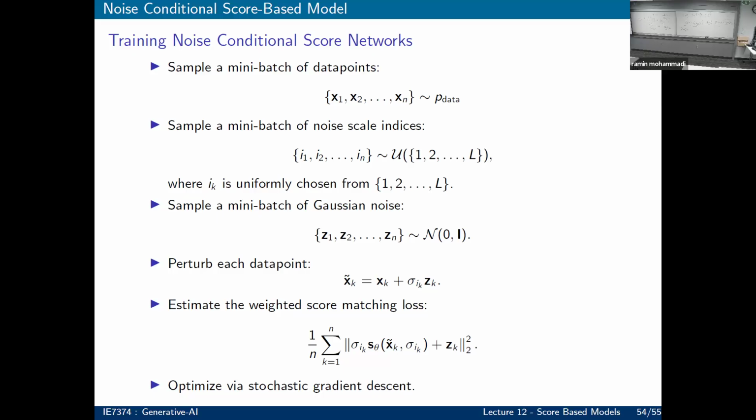Remember, in order to create a noisy version, you need some Z, so generate those Zs. Perturb the data with the noise and the Z that you got. Calculate this value on average. This becomes your error. You want to update theta, so if you do backpropagation, you update with respect to theta. And that's it. So this becomes a gradual update.